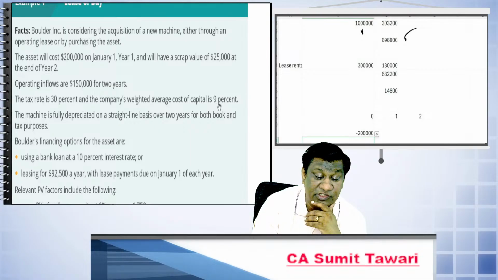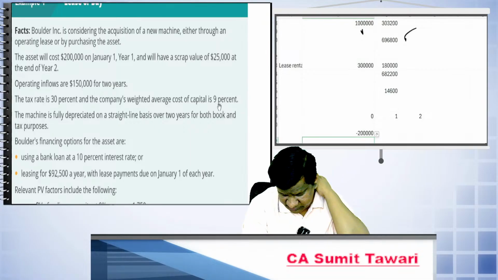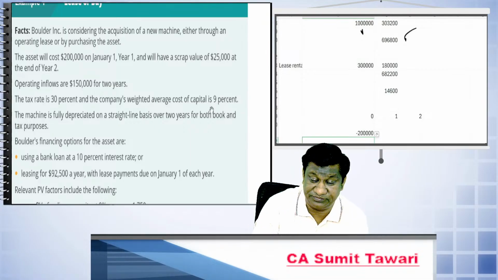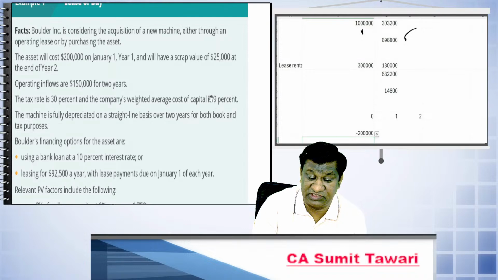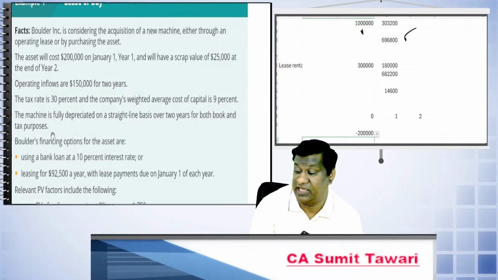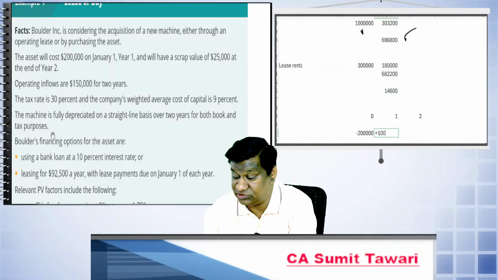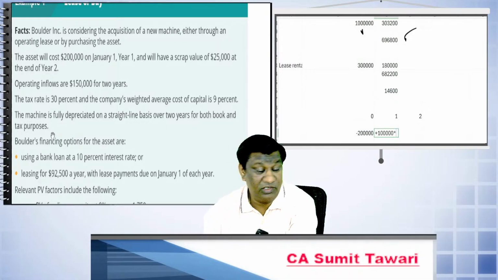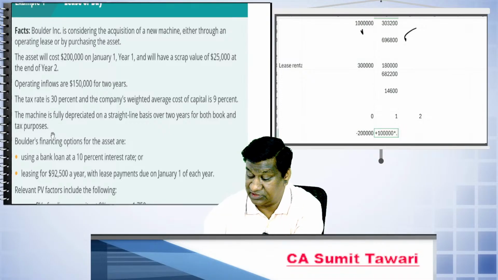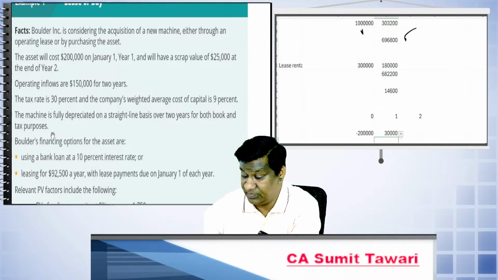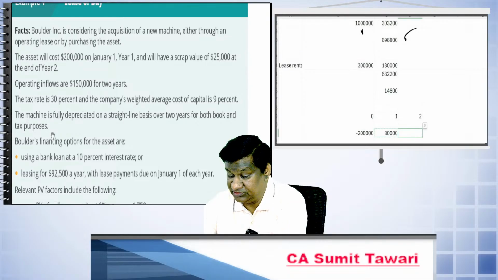That also we need to ignore because it is the investors' expectation, which we are not calculating. We are evaluating the two alternatives. The machine is fully depreciated on a straight line basis over 2 years for book and tax purposes. So here I need to consider 1 lakh each year, but I am able to get the tax benefit of 30%, so this is 30,000 and 30,000. These are my benefits.